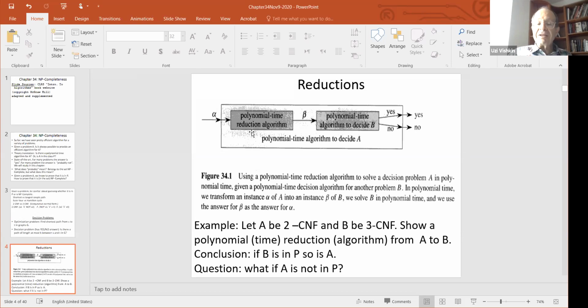So look at the very subtle, and in a way, this is going to be a huge trap for students in this course, I can assure you based on prior years. Having problem B easy implies that problem A is easy.